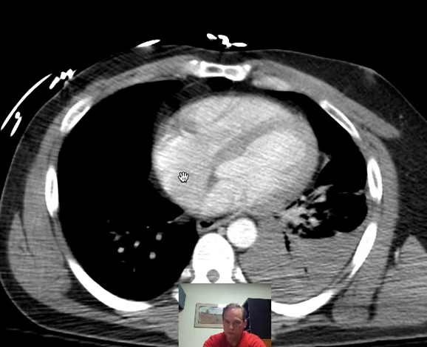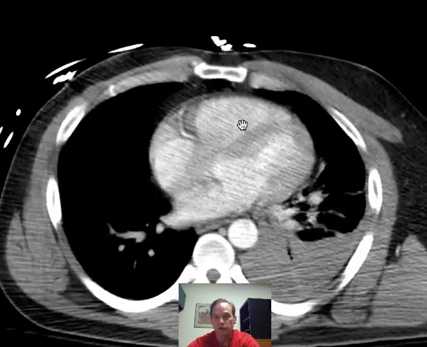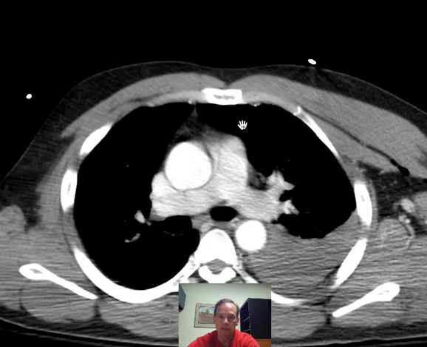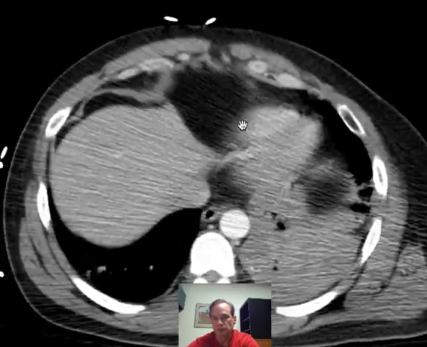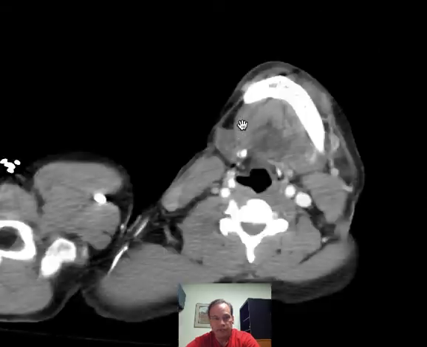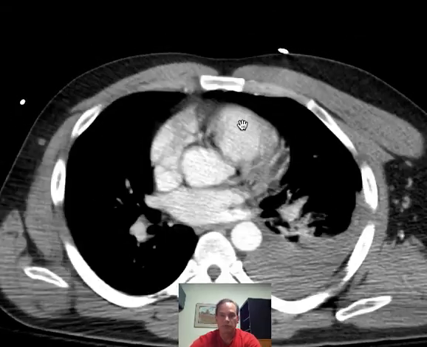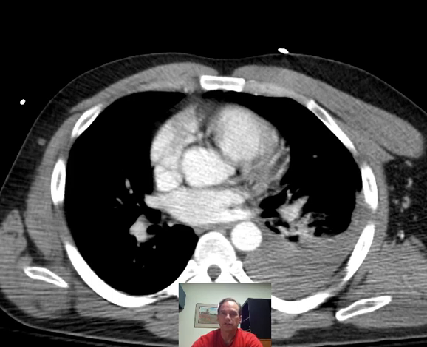Of course, it's going to the right atrium because it's systemic venous return, meaning it has already oxygenated the tissues of the body from which it came, and it needs to be reoxygenated, and so it goes into the right atrium, then to the right ventricle, and then out the main pulmonary artery and then to both lungs. So, a nice depiction of normal anatomy and some interesting pathologic findings related to a gunshot injury.